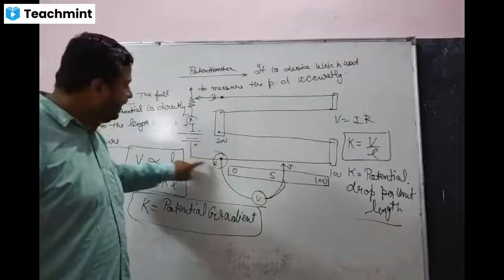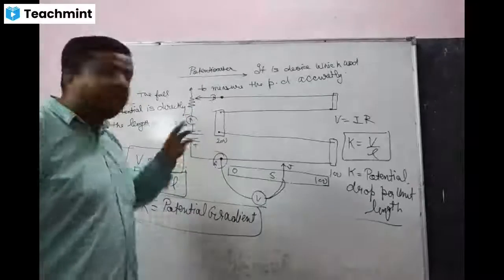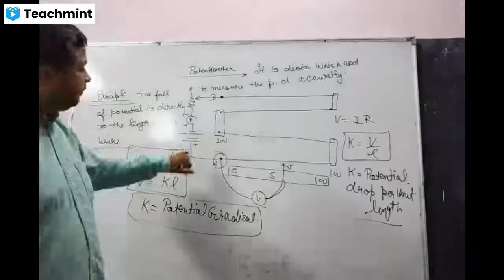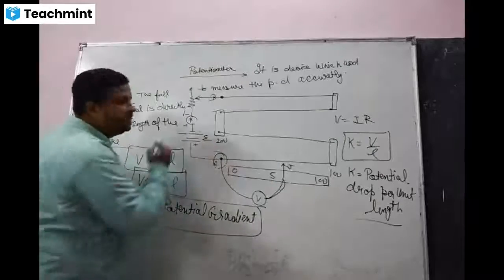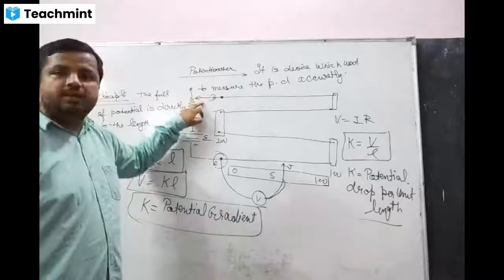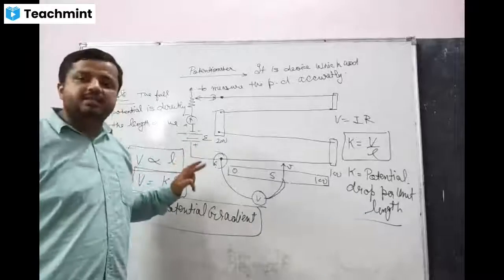Connected at points A and B, we connect three appliances. First is a battery, whose value is E. Another is an ammeter, and the third one is a rheostat. They are connected in series.